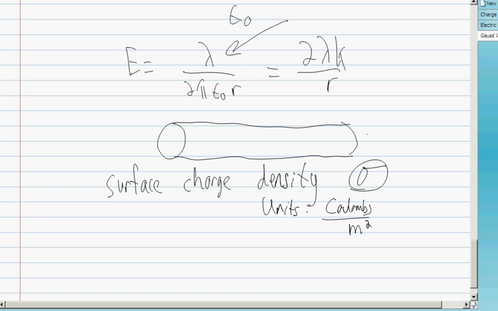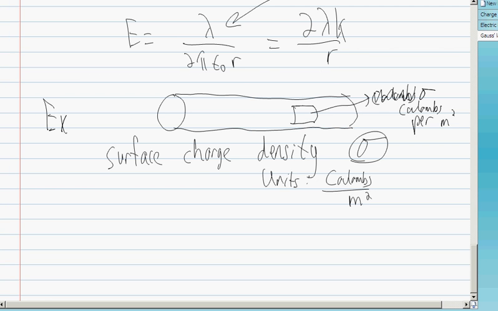So if I grab some little section of area, that's going to have a certain amount of coulombs in it, that many coulombs per meter squared. Which means that in order to find out what Q enclosed is, I'm going to have to sum all the way across this cylinder.